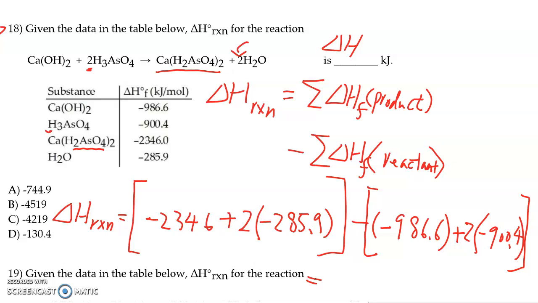Okay, let's see what I got. I got negative 130.4, and the unit will be kilojoule. Do I get anything? Aha, I find it here. All right, so the answer is negative 130.4.